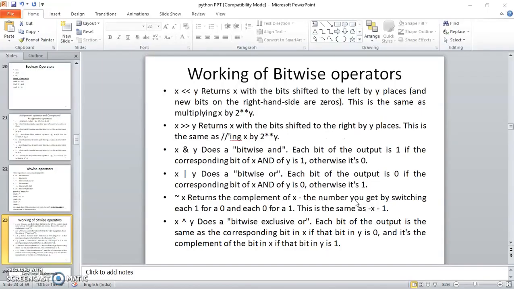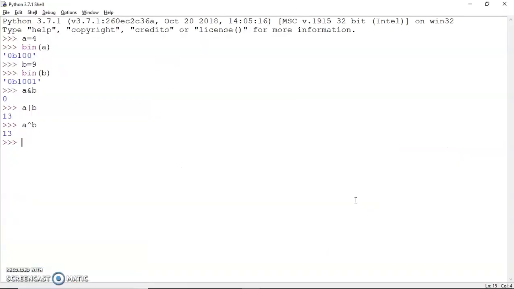So let's see this. If we have a variable a equal to 6, and I perform NOT on it, the result would be minus 7. Remember, NOT a is minus a minus 1. So minus a is minus 6, and minus 6 minus 1 is minus 7. An easier way to remember bitwise NOT.